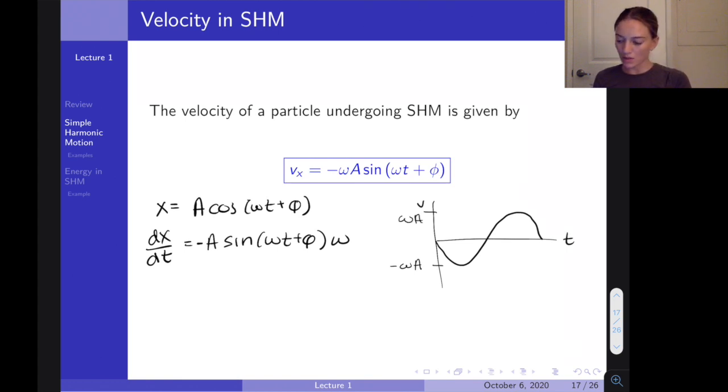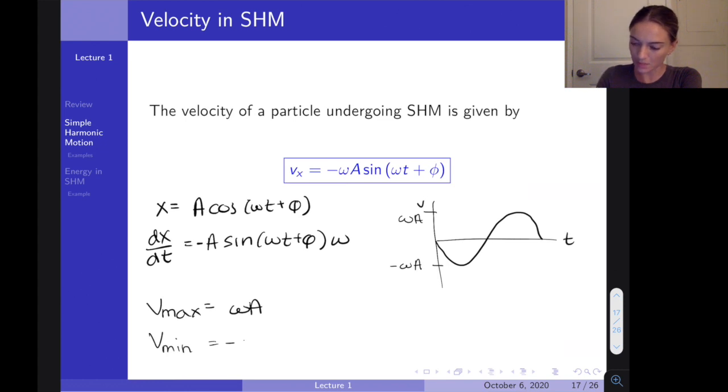So now the amplitude of our velocity sine wave is actually omega times the amplitude of the position. So we can see here that the maximum velocity the particle obtains, so our Vmax, is actually omega a, right? That's the highest point that our velocity reaches up here. And we can see that the minimum velocity is right here. The minimum velocity is negative omega a.